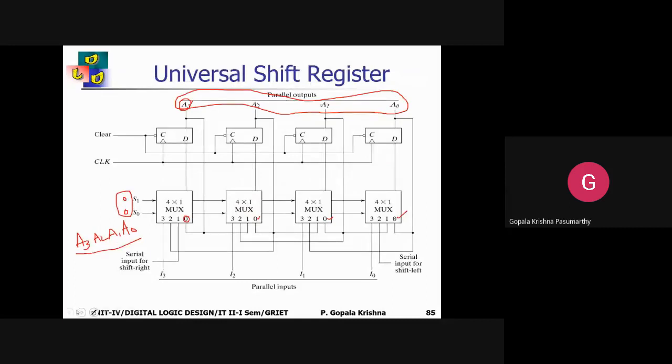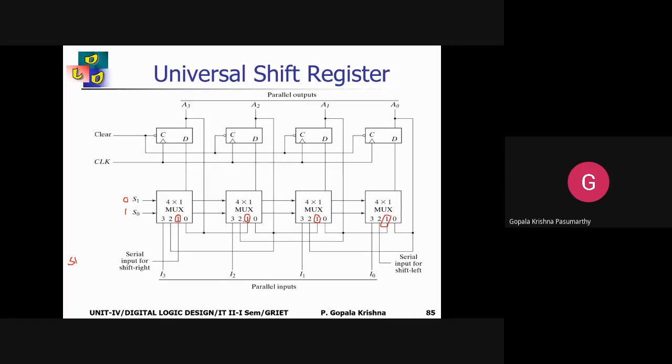Now let us try what will happen if the contents of S1 and S0 become 0, 1. Here the first input will be selected. Here also the first input will be selected, and here also, and here also. Now you see, this first input is coming all the way from SI, serial input.